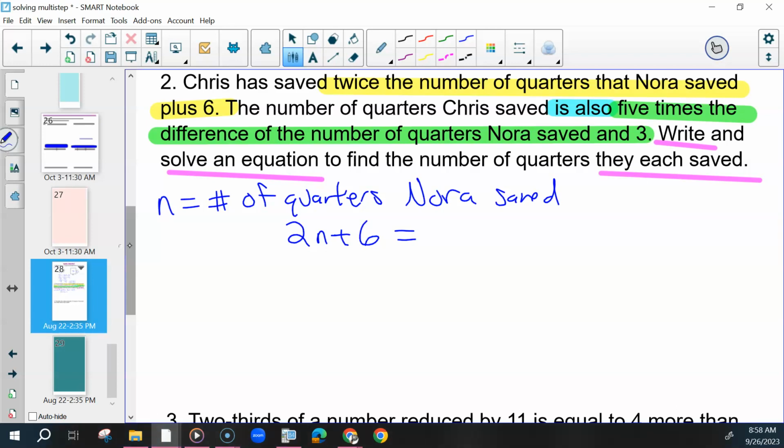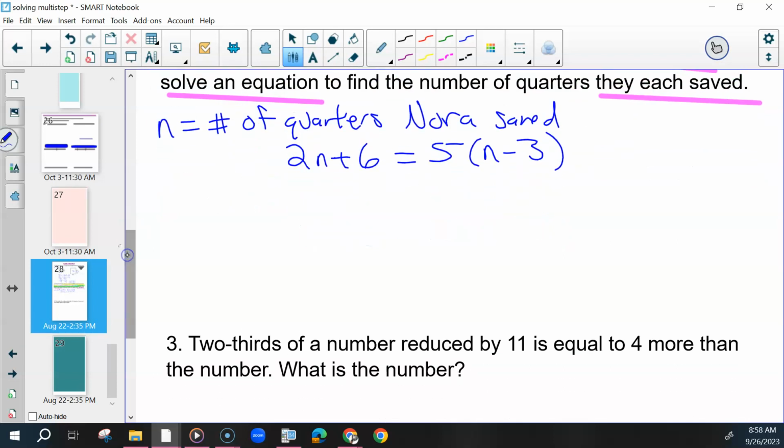We are subtracting. So 5 times the difference, everything in parentheses, the number of quarters Nora saved, we have that as n, and 3, so n minus 3. So now we have our equation, now we can solve.